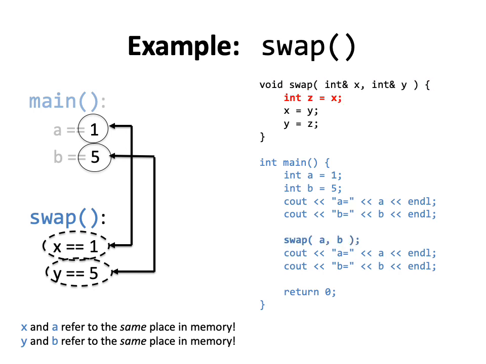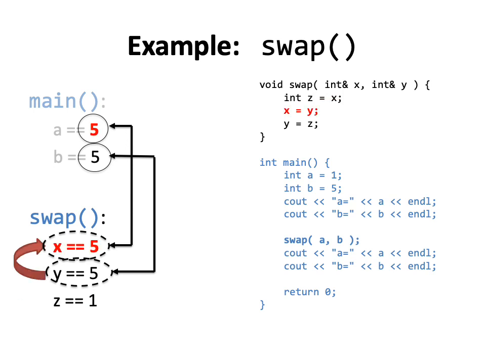So let's go down and see how things change. In the next line of code in the swap method, int z equals x, we're going to create a new variable called z, just like we did before, and copy the value of variable x, which is 1. So far, so good. The next line of code, we set the value of x equal to the value of y.